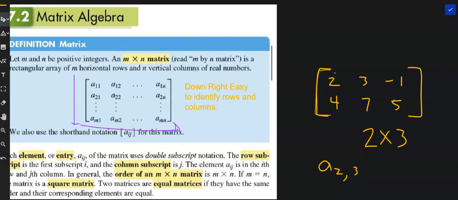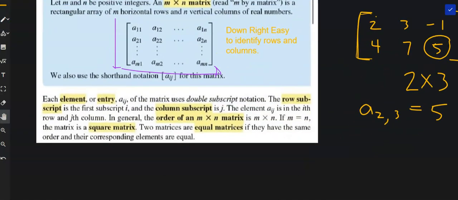I'm going to use a comma to separate them so that you understand that the row is first and the column is second. What is the element in row 2, column 3? 5, you are correct. That wasn't too hard. Anybody not understand that? That's element row 2, column 3. Okie dokie.